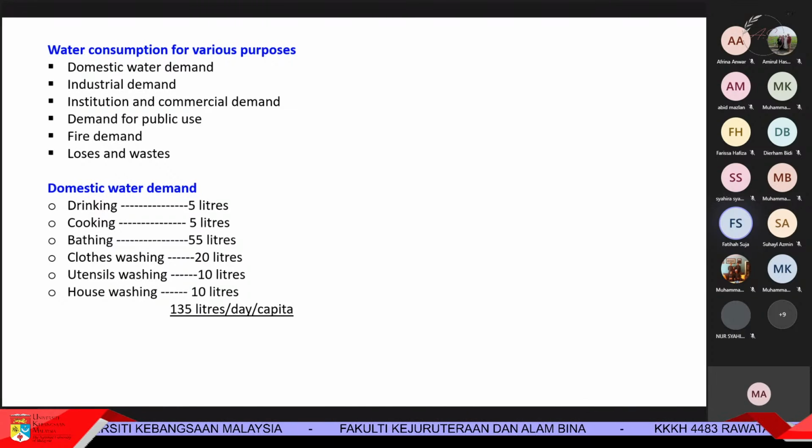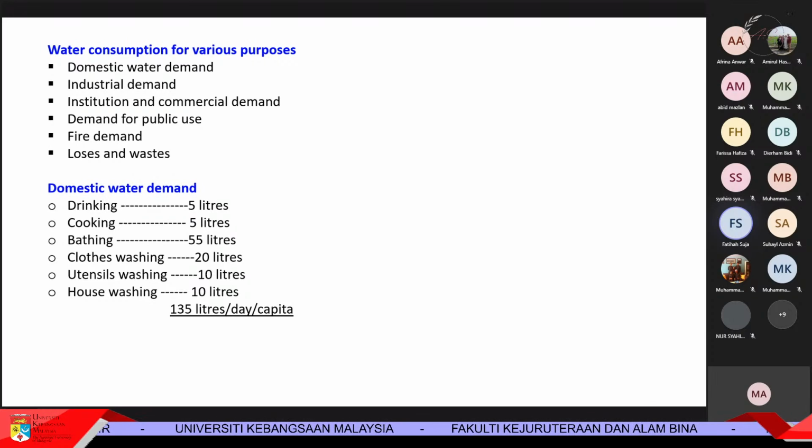And then demand for public use, for public utility purposes, such as washing and sprinkling on roads, cleaning of sewers, watering public parks and gardens. Maybe you have public fountains in the city. Everything comes under public demand.